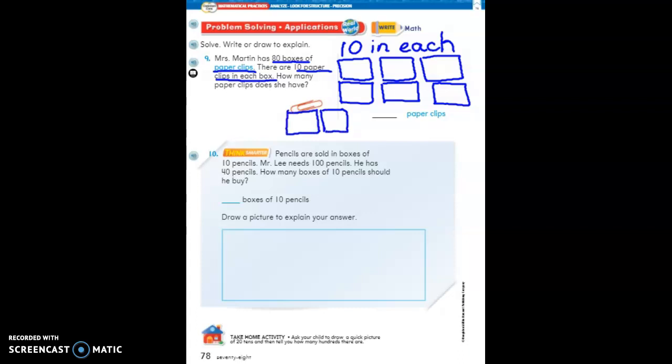Each of those boxes has 100 in each, because we know 10 paper clips are in each box, and there's 80 boxes, right?